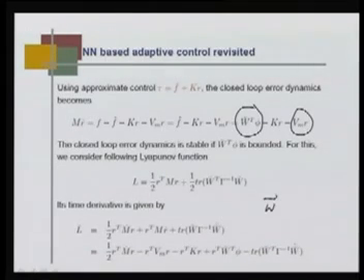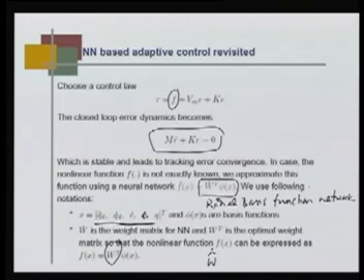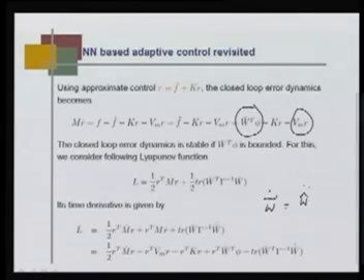You know that W tilde dot is simply minus W hat dot, because W tilde, which is here f minus f hat, is W minus W hat. So W tilde dot is minus W hat dot.